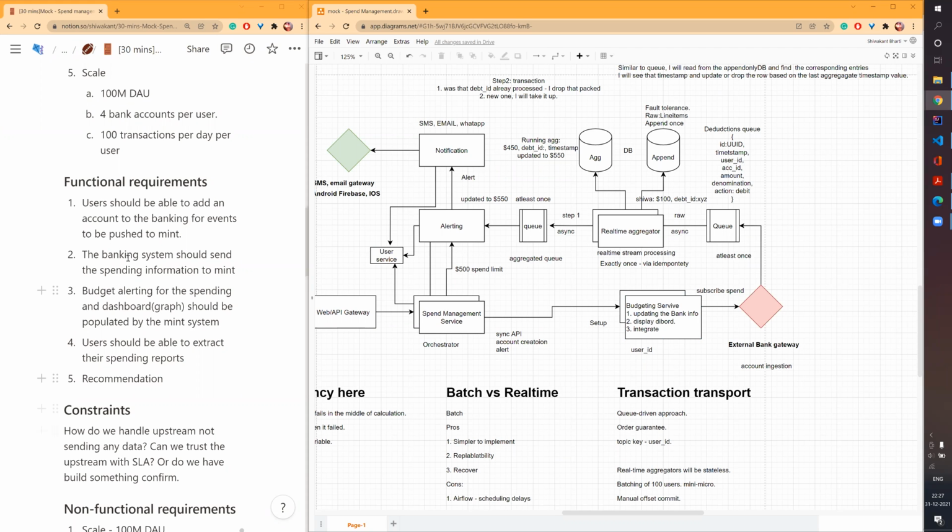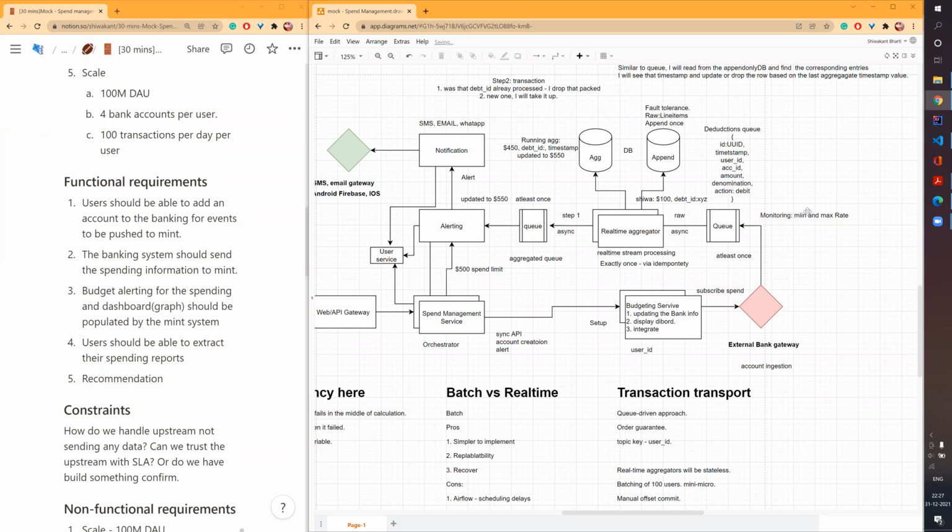So the very next thing is the banking should send the spend information to Mint. So this is actually an external contract, of course, and maybe we need some sort of monitoring here. Whatever events they are sending, I can have some sort of minimum and max rate that I should expect, and if it is breaching those numbers, then I have to create a systemic alert here.